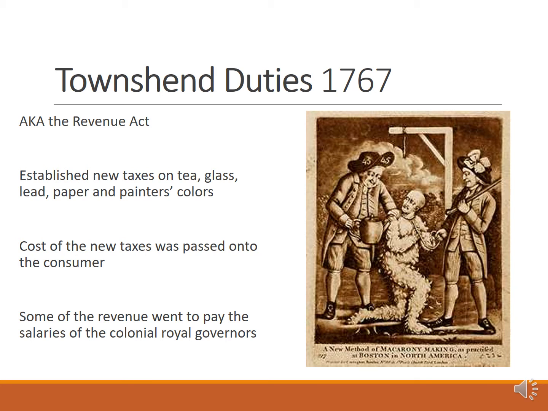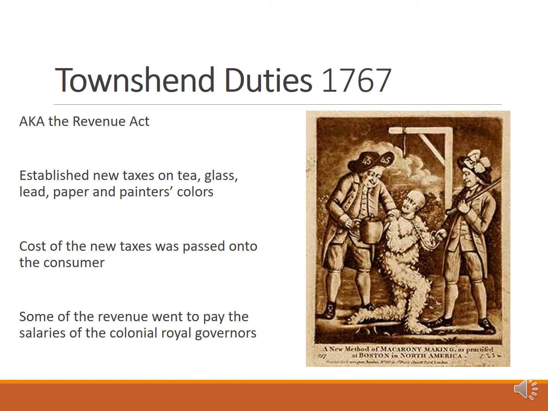The Townshend duties were not especially burdensome, but the principle they embodied, this taxation extracted through trade duties, looked different to the colonists in the wake of the Stamp Act. A controversial provision of the Townshend duties directed that some of the revenue generated would be used to pay the salaries of the colonial royal governors.